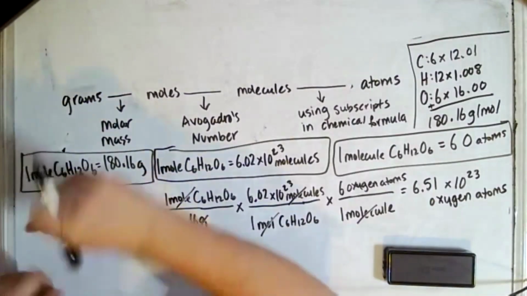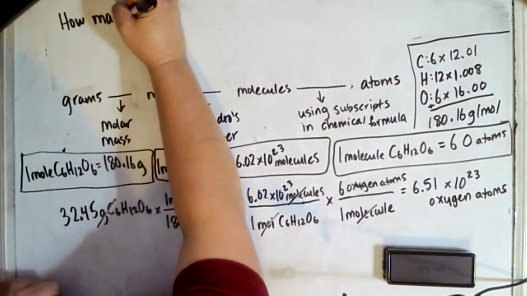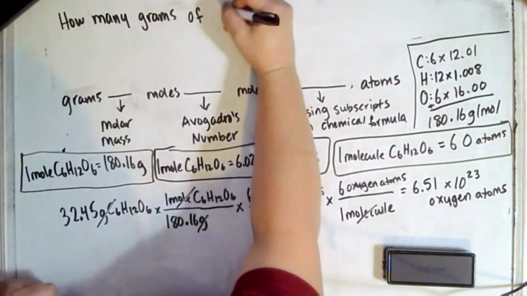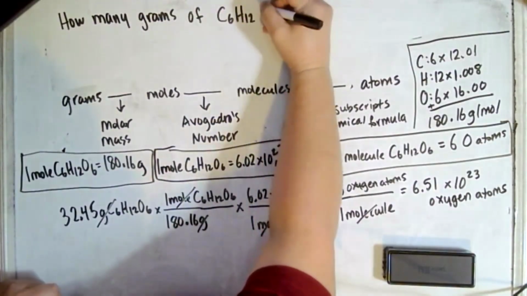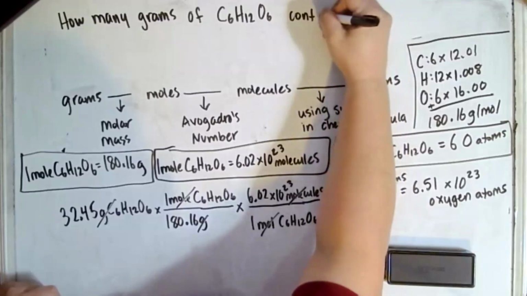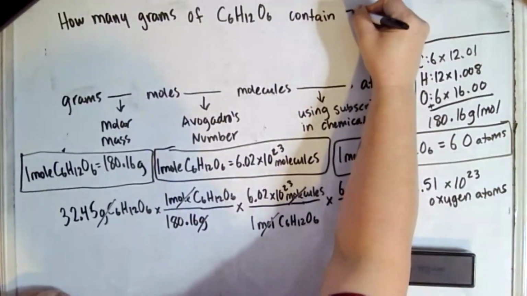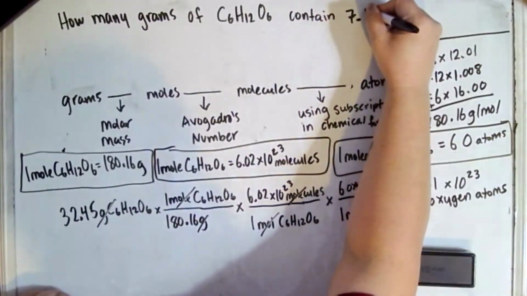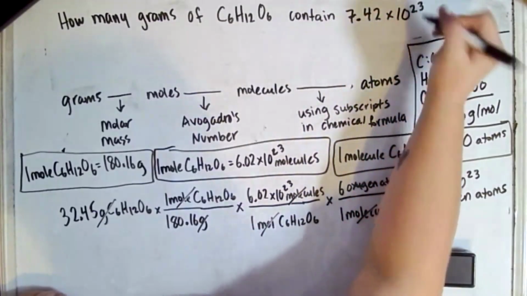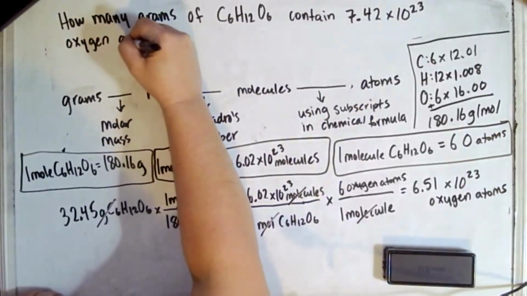Okay, so the new question is going to be, how many grams of C6H12O6 contain 7.42 times 10 to the 23 oxygen atoms.